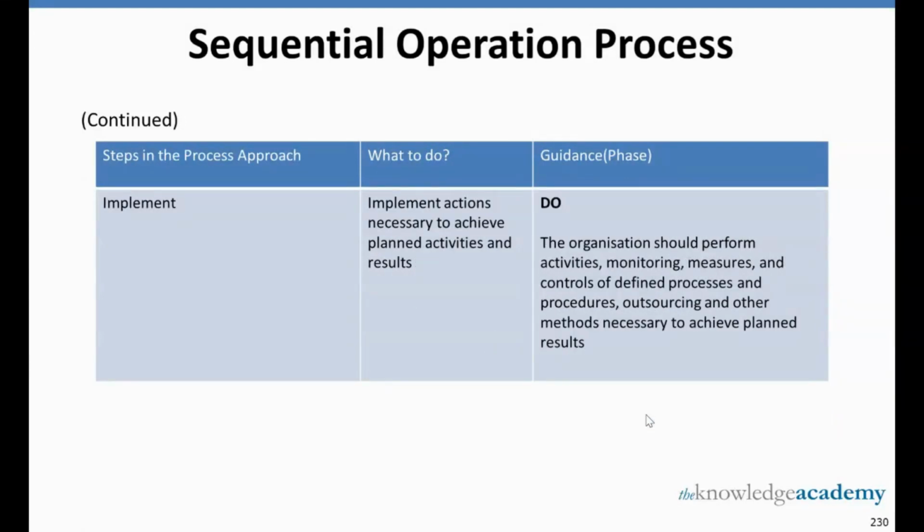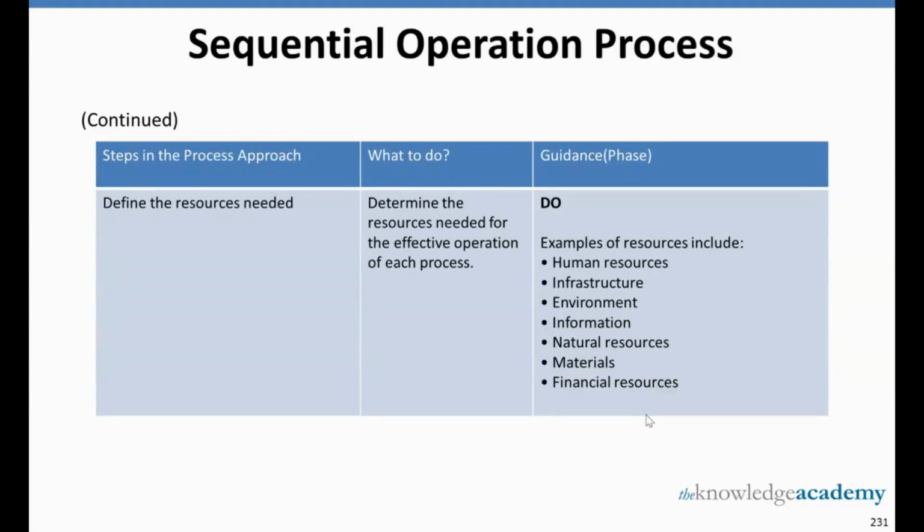Then we implement the same, that is as per the do part in the PDCA cycle. Here we implement actions necessary to achieve planned activities and results. The organization should perform activities, monitoring measures, and controls of defined processes and procedures, outsourcing, and other methods necessary to achieve planned results.